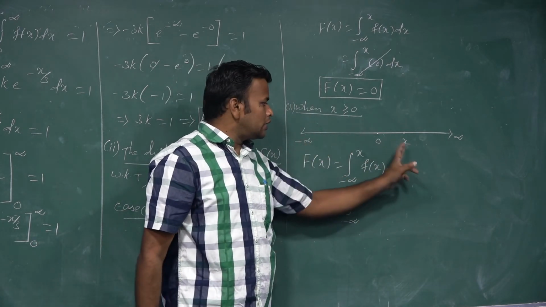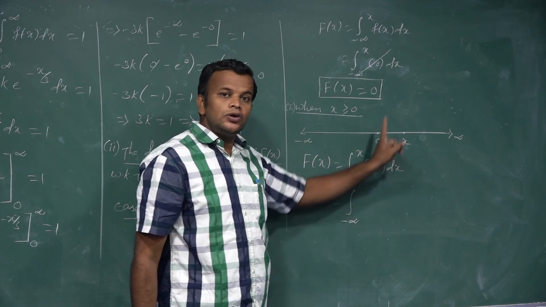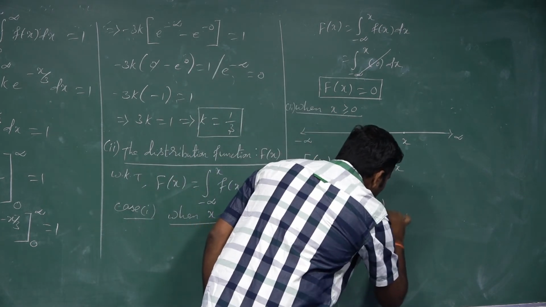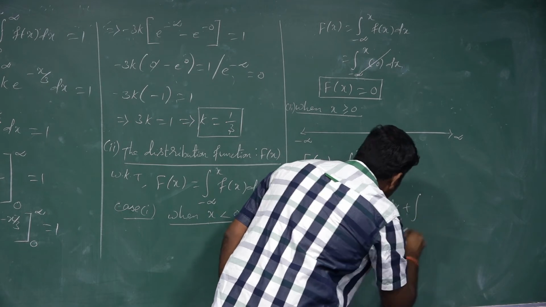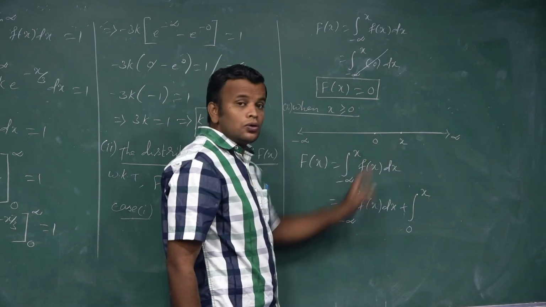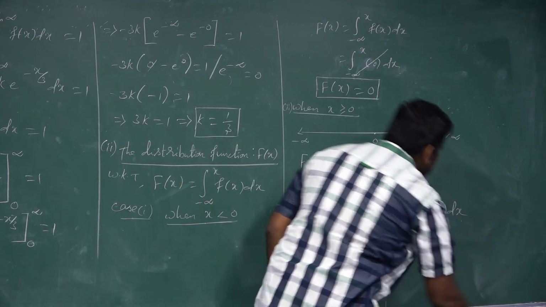But minus infinity to x, you see there will be two intervals: minus infinity to 0 and 0 to x. So minus infinity to 0 f of x dx plus 0 to x f of x dx.